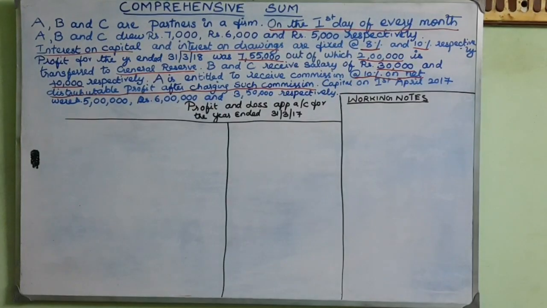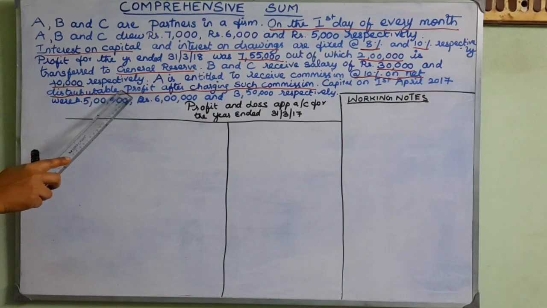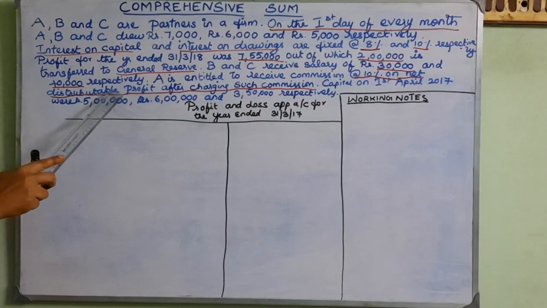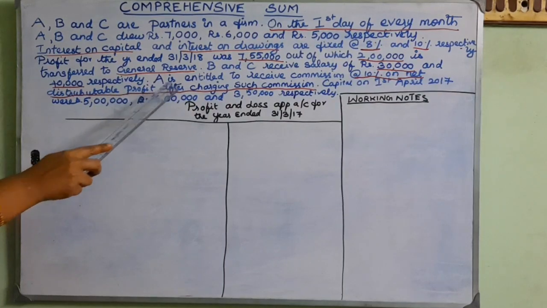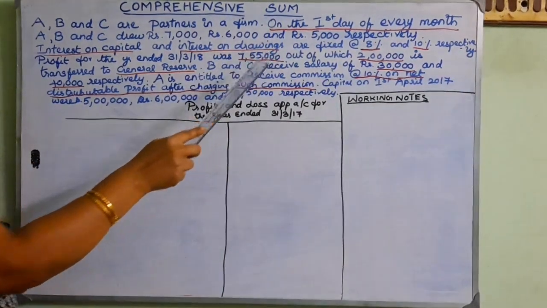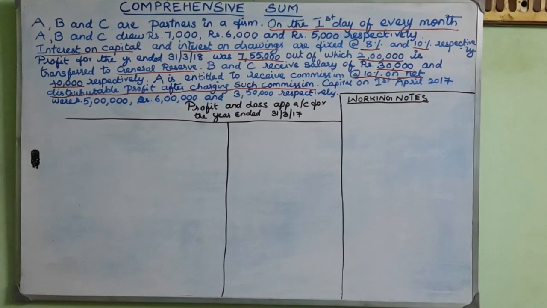He has to receive a commission of 10% on net distributable profit after charging this commission. Before charging and after charging commission, I think we have done many sums in 11th standard. On which profit is he going to get the commission? On the distributable profit, not on the net profit. So this is a very important key point.